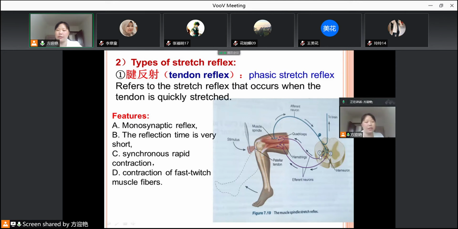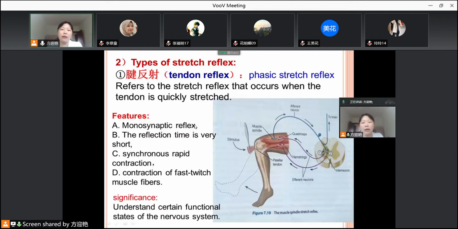Here we can see there is only one synaptic connection. Understand? Yes. Here we found that the major role in the action is the alpha motor neuron.